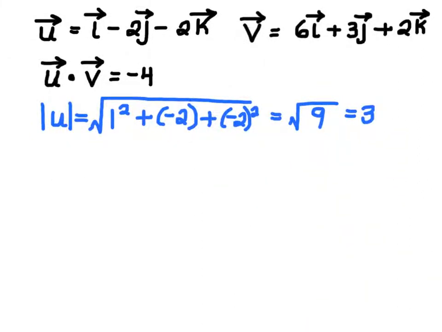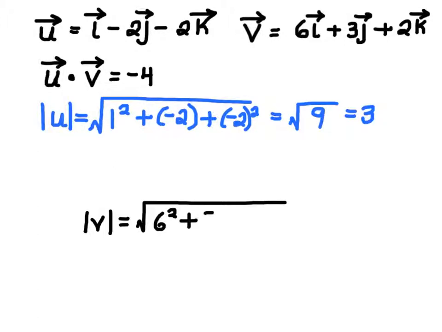Now we're going to find the magnitude of v. The magnitude of v is the square root of the sum of, from the v vector, 6 squared plus 3 squared plus 2 squared.